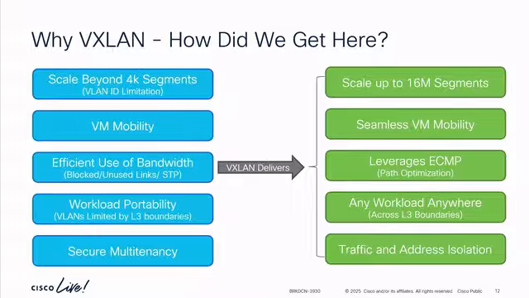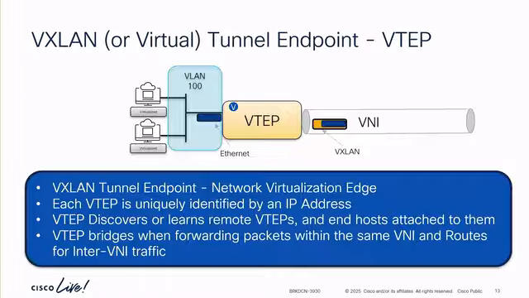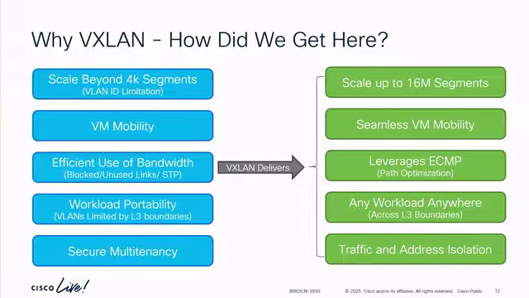Now, the other thing that VXLAN EVPN is very pivotal for, and some of the aspects of it that are very appealing, are what you see listed on the right-hand side of this illustration. If you know how standards-based Ethernet worked, we had a 4K VLAN namespace. And VXLAN expands that to 16 million. So we have a significantly larger namespace to work with. We also now support seamless VM mobility.